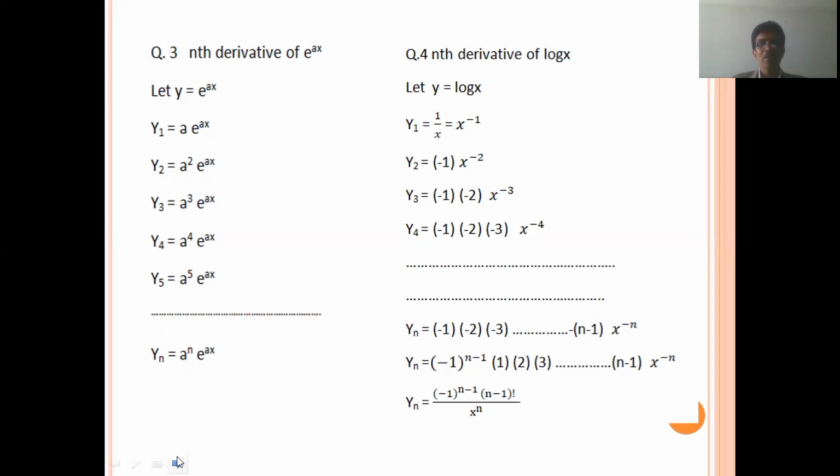Now yn is equal to minus 1 to the power n minus 1, and 1, 2, 3 up to n minus 1 is written as factorial n minus 1, and x to the power minus n is equal to 1 upon x to the power n. Therefore yn is equal to minus 1 to the power n minus 1, factorial n minus 1, upon x to the power n. This is our nth derivative of the function log x.